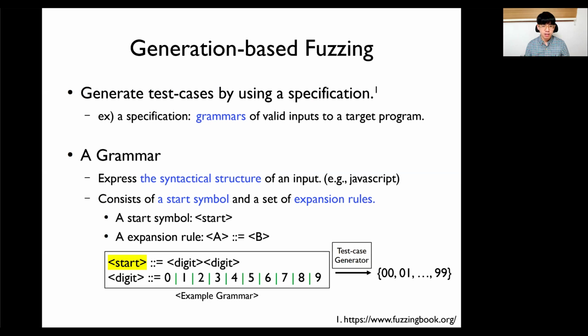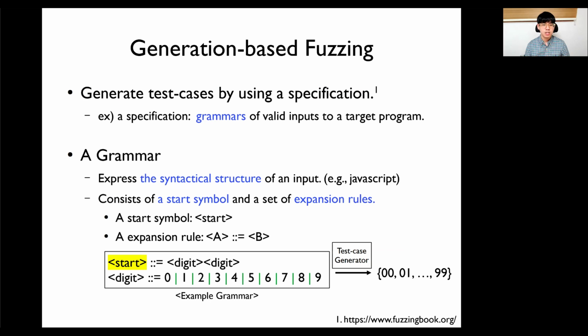And as you might already know, this operator highlighted in green denotes the alternatives, meaning that any of the digits can be selected for an expansion. So each digit would be expanded into one of the given digits from 0 to 9.